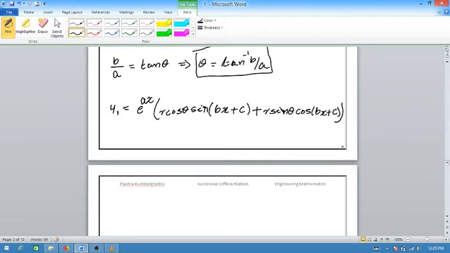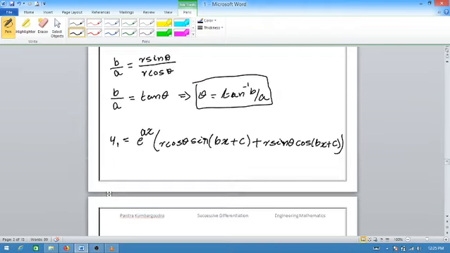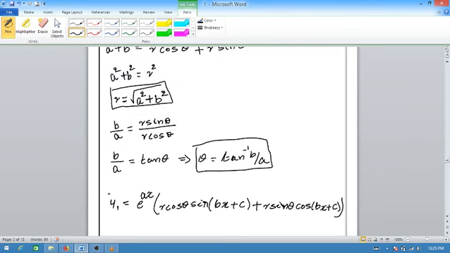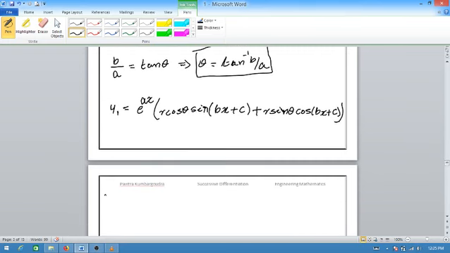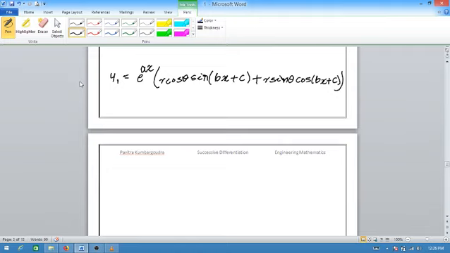Here r is also common. So y1 is equal to r, which is constant, e to the power of ax is constant.